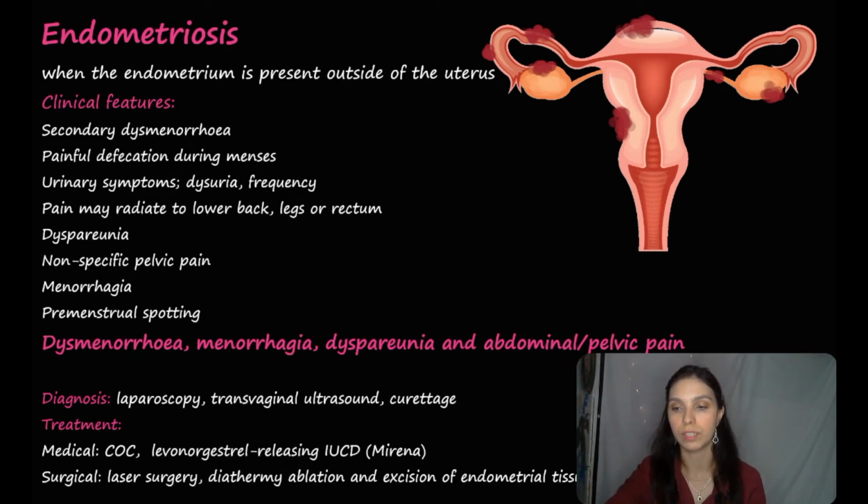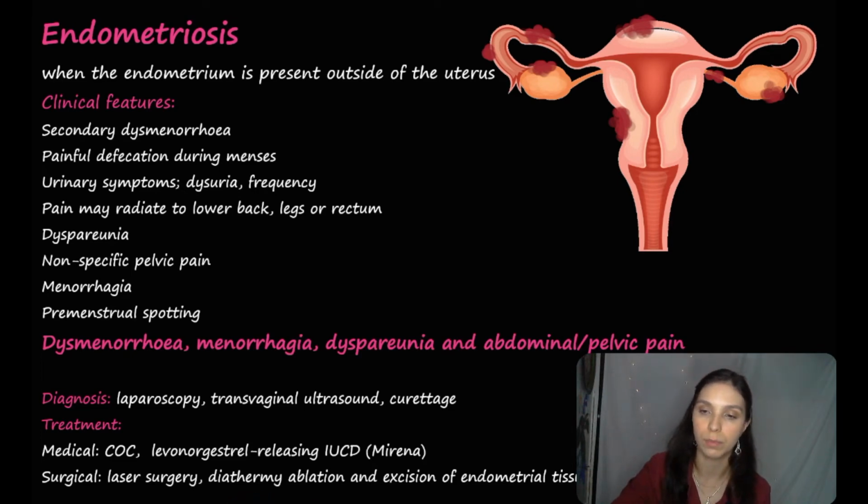Excisional surgery for endometriosis is usually the initial treatment of choice, as it improves the symptoms, confirms the diagnosis, and improves quality of life. Medical treatment could be the contraceptive pill or a levonorgestrel-releasing IUCD, or Mirena. Surgery is laser surgery, diathermy, ablation, and excision of endometrial tissue via laparoscopy.